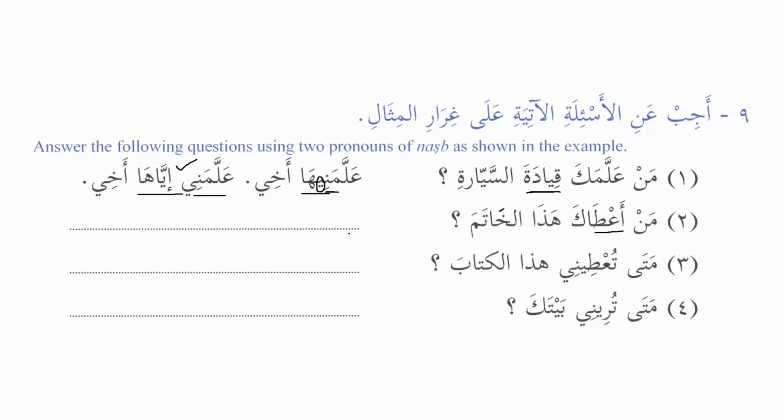So you will say أعطانيه, right? He. Yeah. And أبي will be the doer. So my father gave it to you, or you want to say أعطاني إياه أبي. Excellent. So two possibilities are there: أعطانيه أبي and also أعطاني إياه أبي.